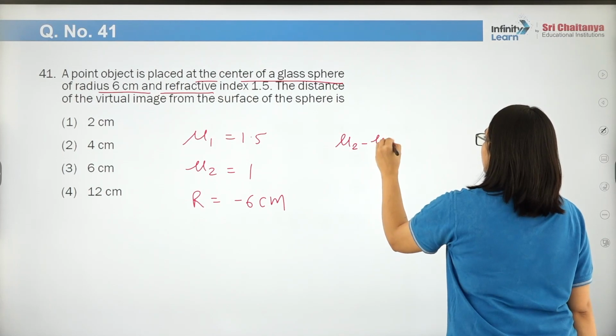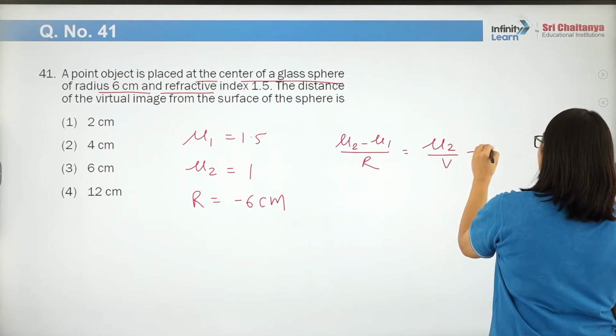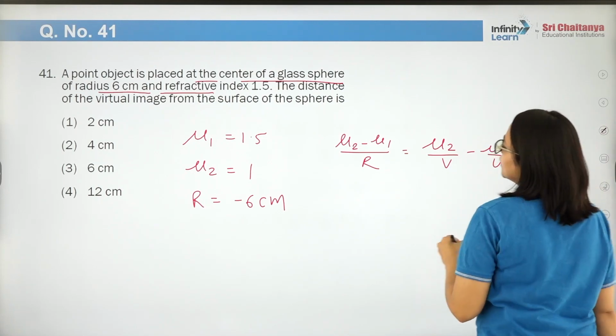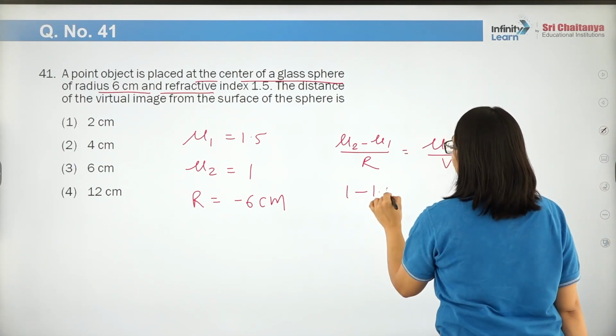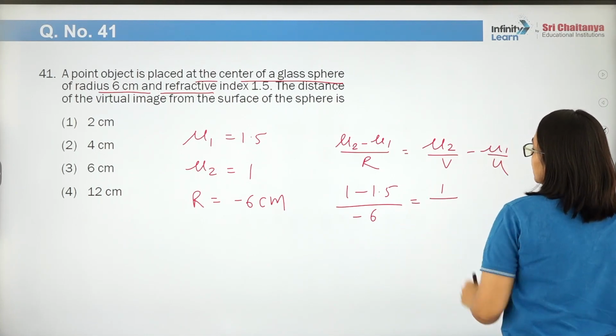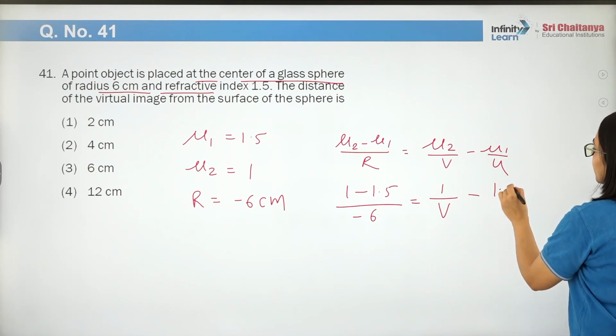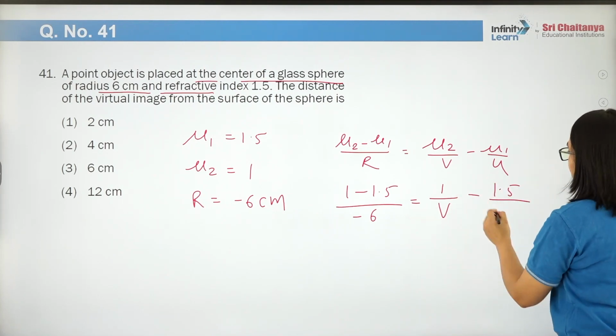Mu2 minus mu1 upon R is equal to mu2 by V minus mu1 upon U. So mu2 is 1, minus 1.5, divided by minus 6, is equal to mu2 is 1 divided by V, minus mu1 is 1.5 divided by U, which is again minus 6.